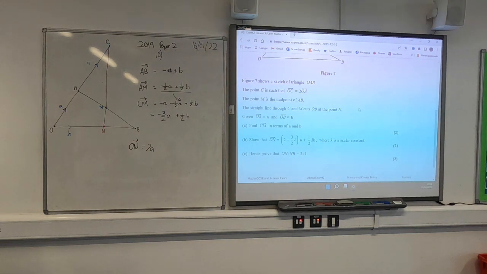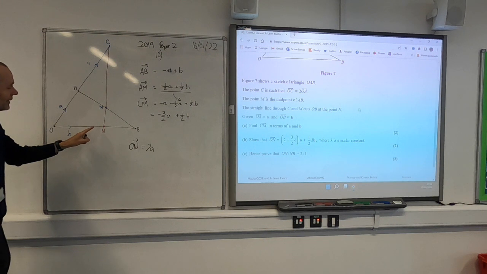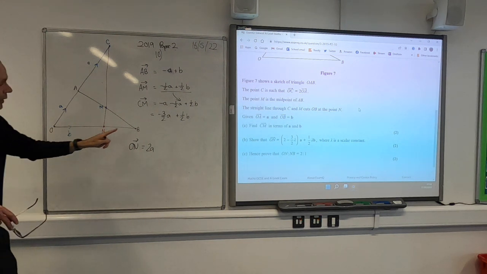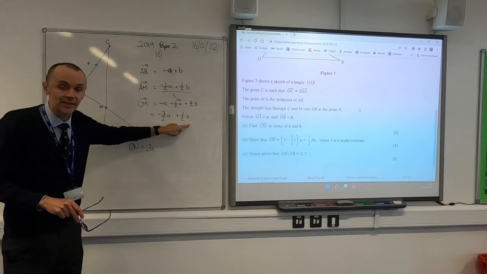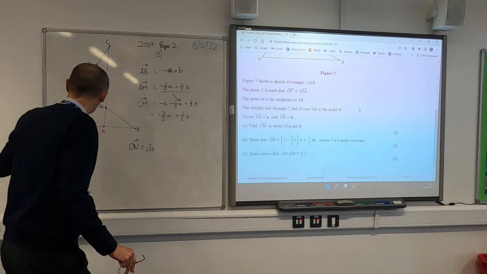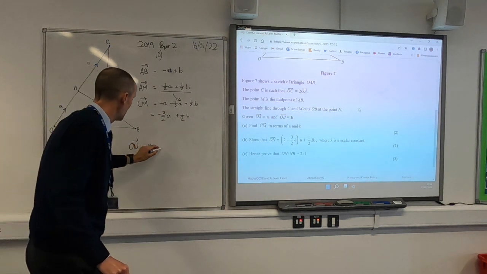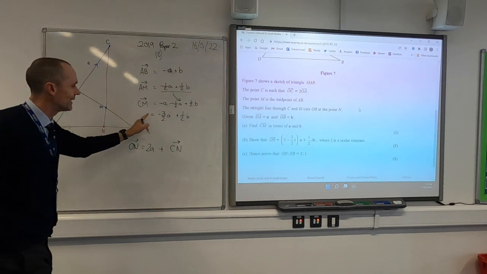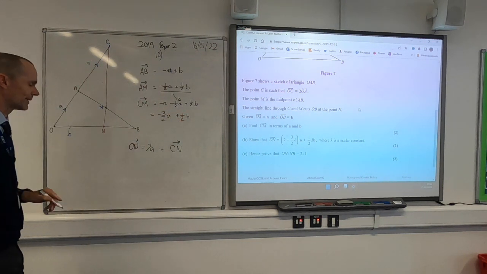So what can you tell me, Aidan, about C to N in relation to C to M? It has to be like a multiple of it. Yeah. These two vectors, C to M and C to N, are parallel. They're going in the same direction. And all it means is that C to N will be some multiple of this. So I can say, right, to get from O to N, I go up 2 a's, and then I need to get from C to N. And C to N is some multiple of this.